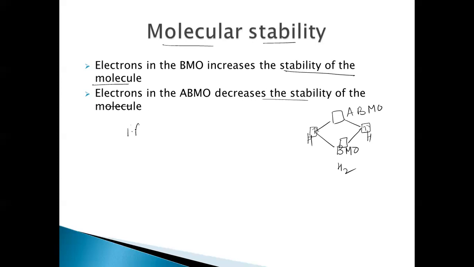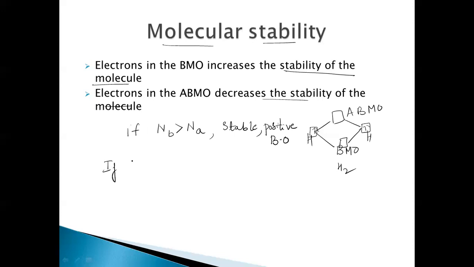So if the number of electrons in the bonding molecular orbital is more than the number of electrons in the anti-bonding molecular orbital, it will stabilize the molecule. So the molecule will be stable with a positive bond order.